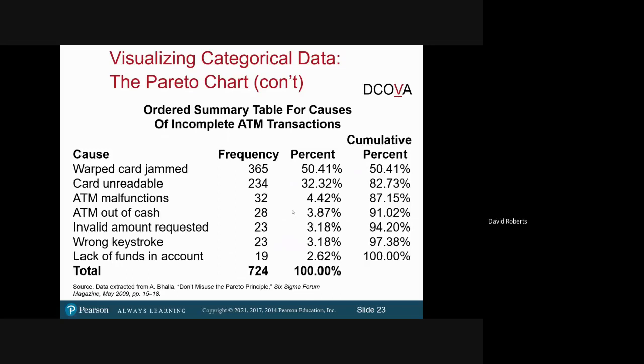So you can see they have a very specific order. You can see in this case the percentages, which we calculated as the frequency. Then we have the percentage, and then we have the cumulative percentage, which is called an ogive, O-G-I-V-E.